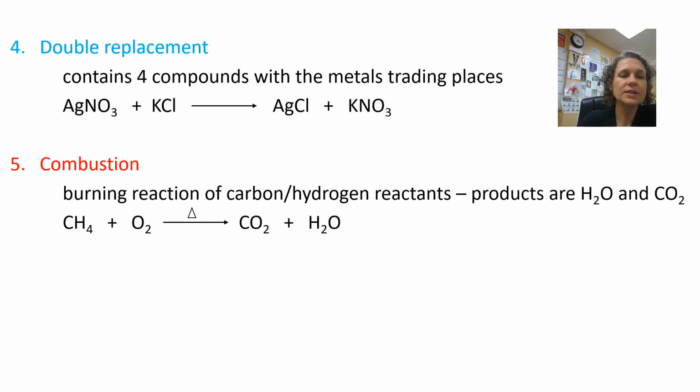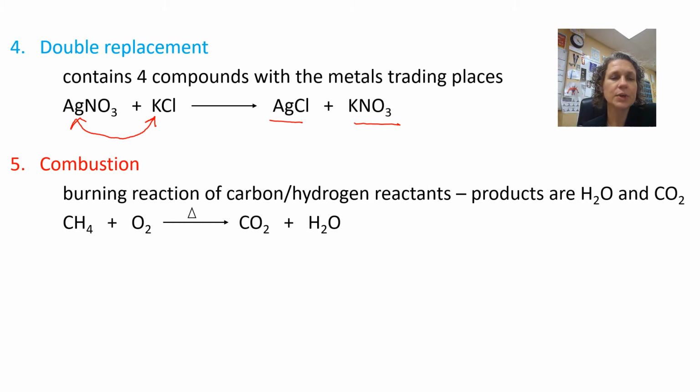So notice you've got silver nitrate plus potassium chloride. The Ag and the K are on the other side as products, now in different places. So they have swapped the metals out and flipped them so that now you form two new compounds.